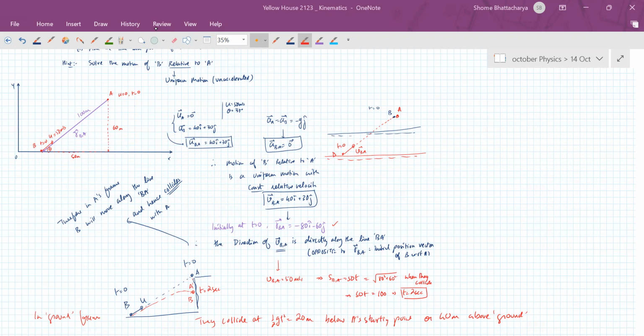So we can also use the equation of trajectory to prove that the trajectories of A and B intersect, right? Exactly, you can do that also. Or for example, you can also solve time-based equations with respect to the ground frame. When B's horizontal displacement becomes 80 meters, at that point of time, B's vertical position plus A's vertical displacement added together should be 60 meters, so that they are at the same position vertically.